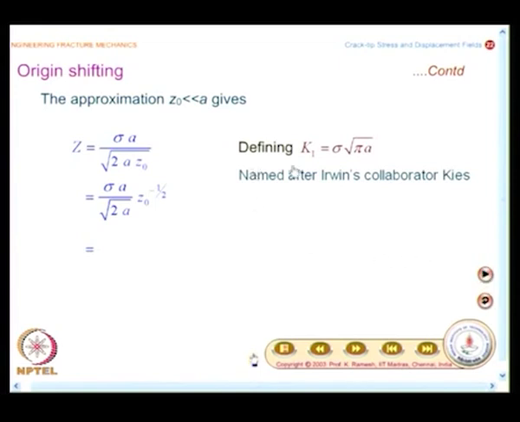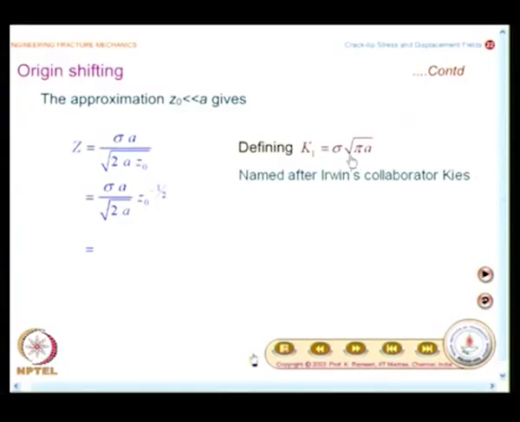We would also bring in the introduction of a new parameter k, because we are discussing mode 1 situation. We will take this as k1 equal to sigma root of pi a. I have already mentioned that this was introduced by Irwin in honor of his collaborator Keyes. You have a terminology sigma root pi a.